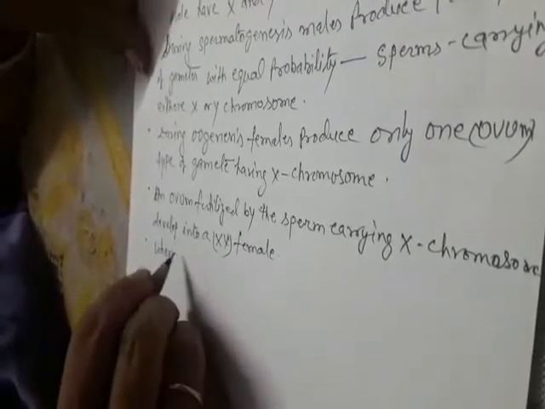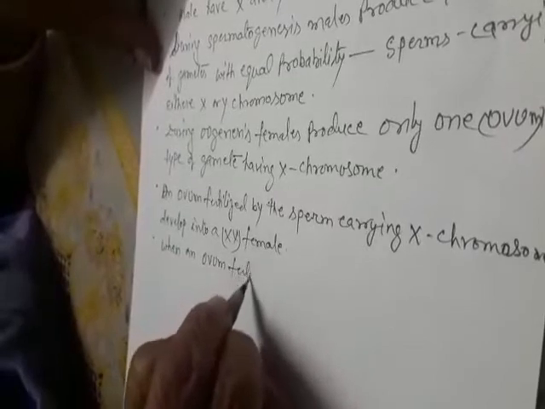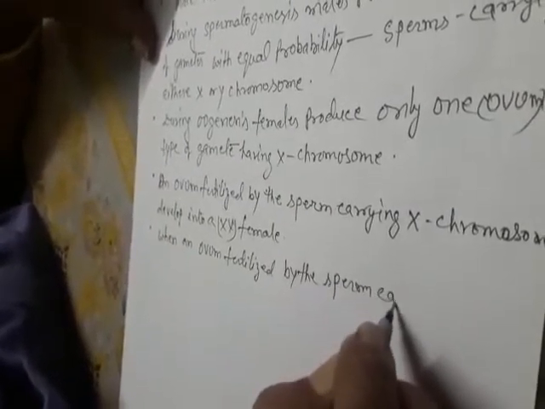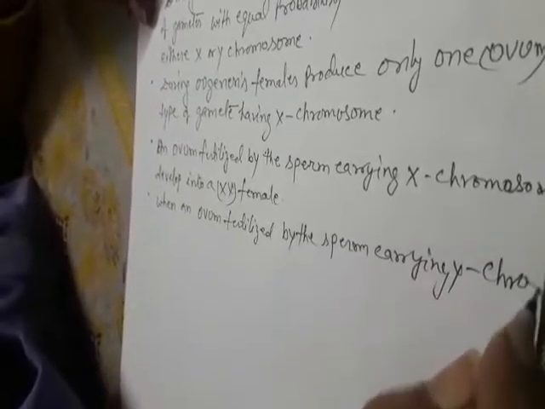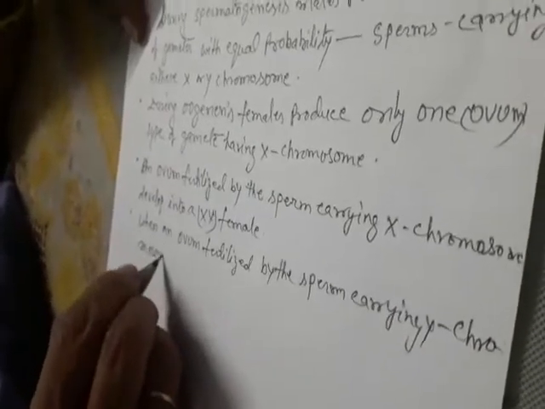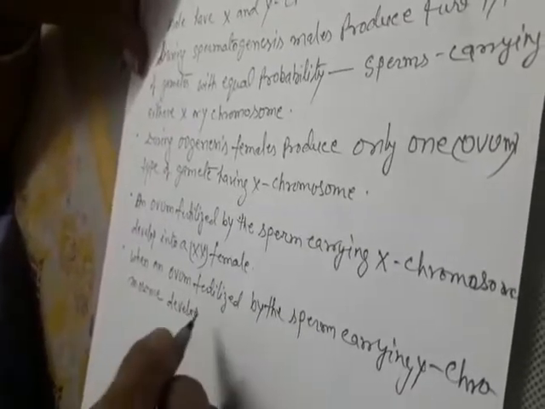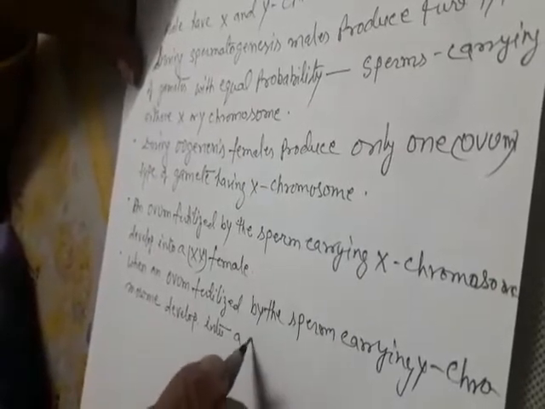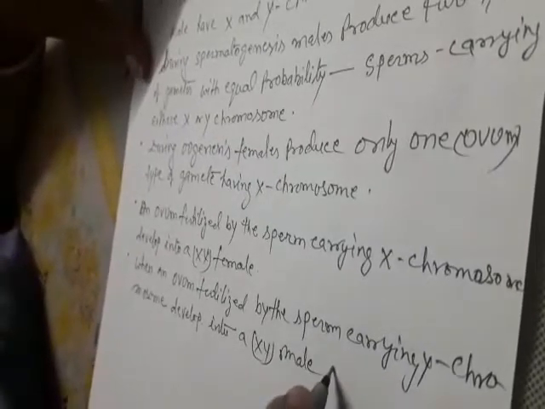When an ovum is fertilized by the sperm carrying Y chromosome, it develops into an XY male child.